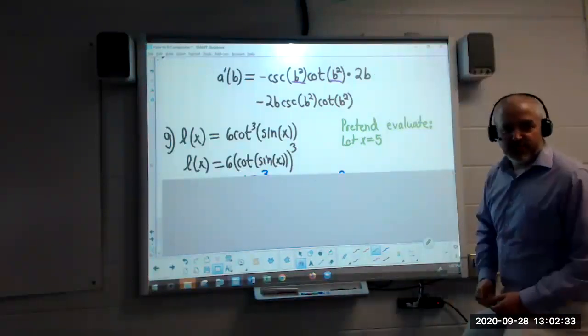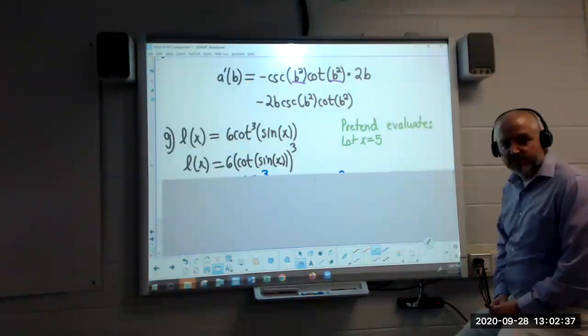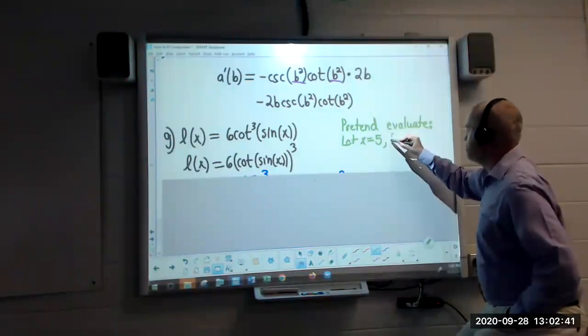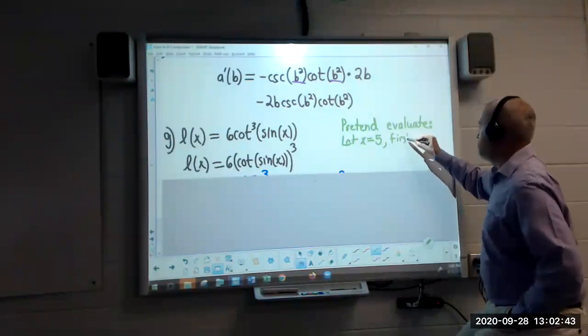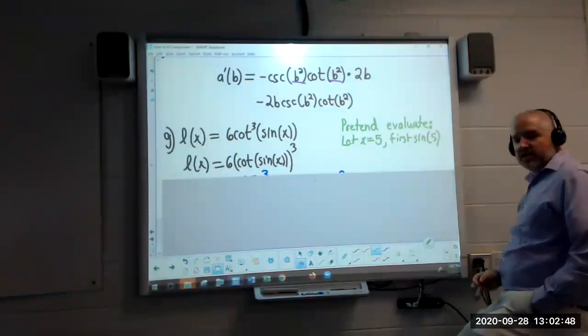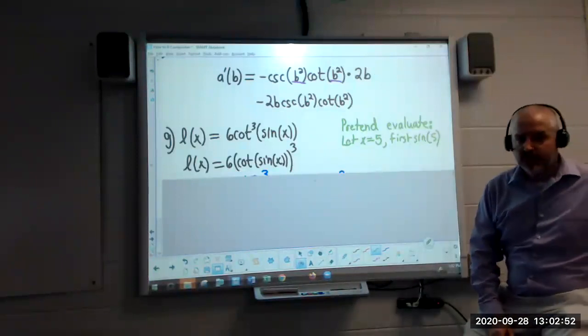What would be the first thing that you do if you let x equal 5? What's the first operation? Well, the first operation is you take the sine of 5, yeah? So you take the sine of 5, okay?